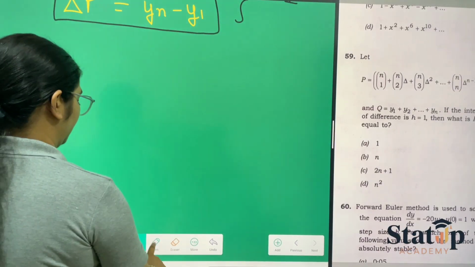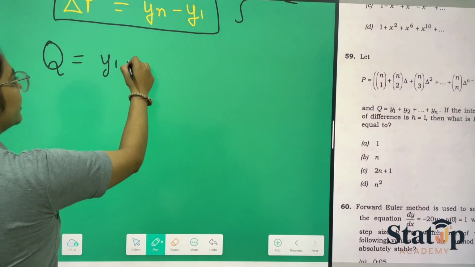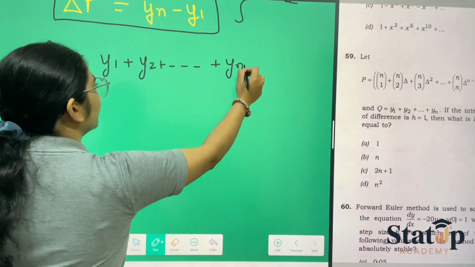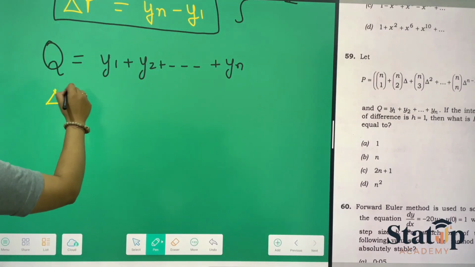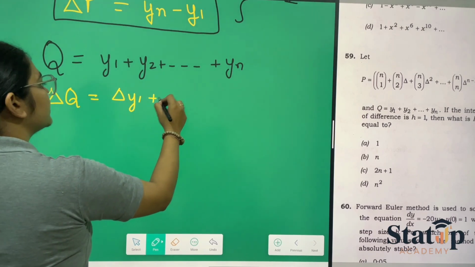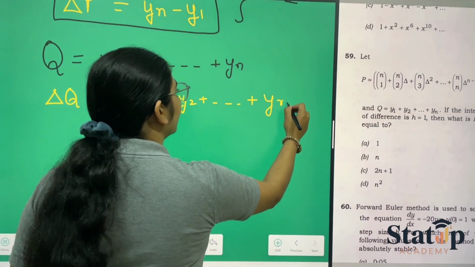Now the second solution, u has been given to us as y1 plus y2 up till yn. Now if we take delta q here, then it will be delta of y1 plus delta of y2 and so on till delta of yn.